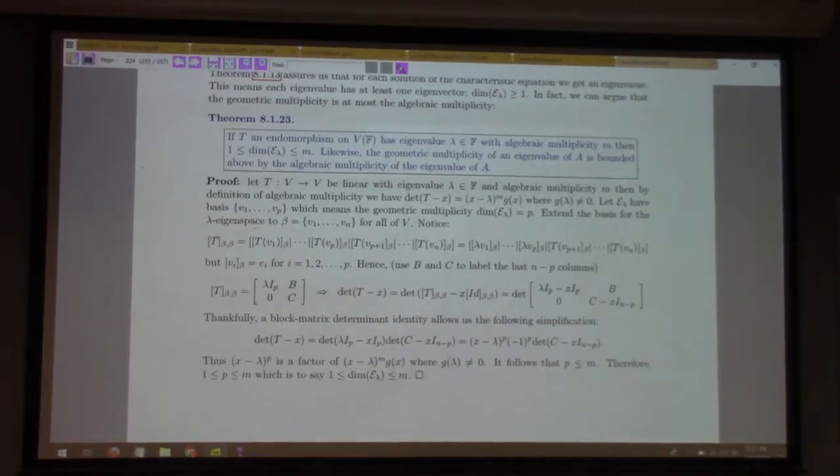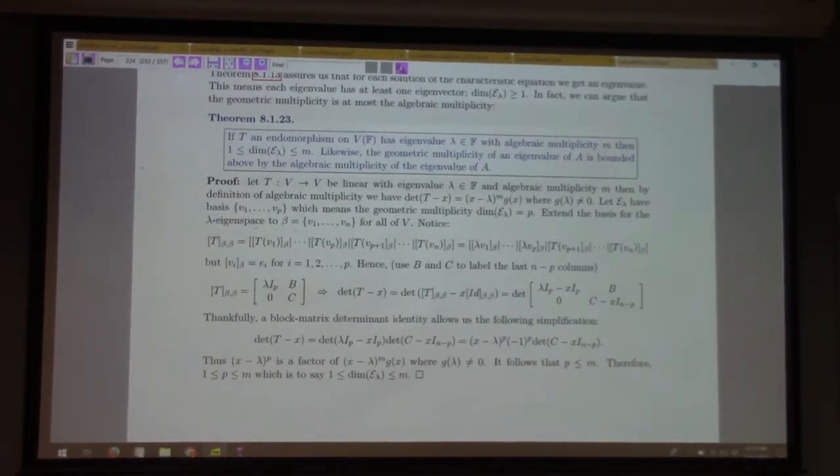I can put (-1) to the n out front, right? And then I can put (x - lambda 1) to the m1, and then (x - lambda 2) to the m2, and so on up to (x - lambda r) to the m r. Let's label these 1 through r for the sake of discussion.